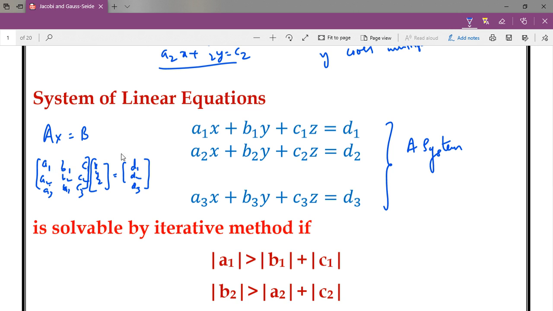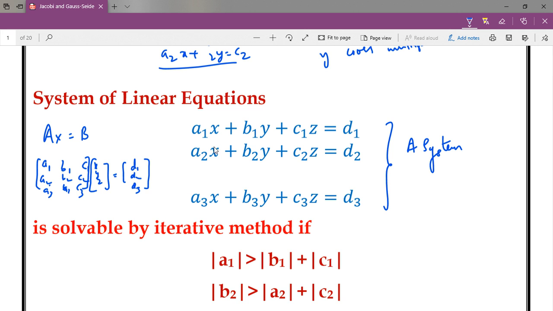Now if you multiply, a1x plus b1y plus c1z is equal to d1, we get this system of linear equations. So we convert this into the matrix form, and we see how to solve this matrix to get x, y, z. That is the direct method. In the iterative method, all these systems of linear equations cannot be solved by iterative method.